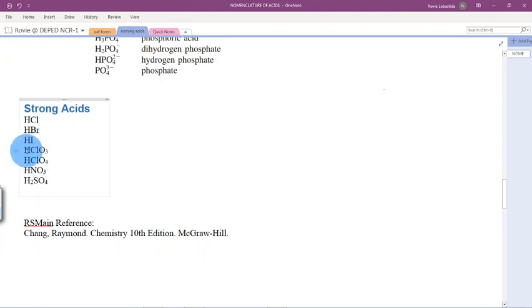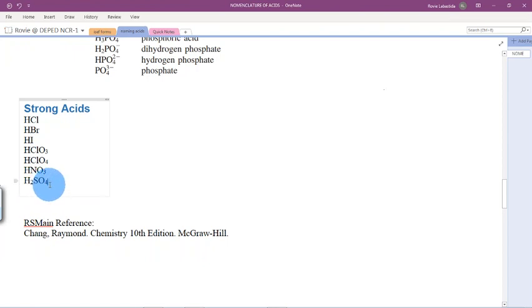So, this is chloric acid, a reference acid. And an addition of one oxygen atom to chloric acid, HClO4, is perchloric acid. How about HNO3? It is nitric acid. And H2SO4 is sulfuric acid.